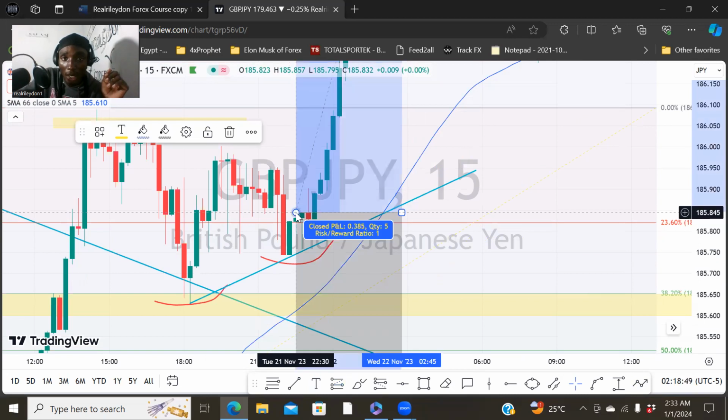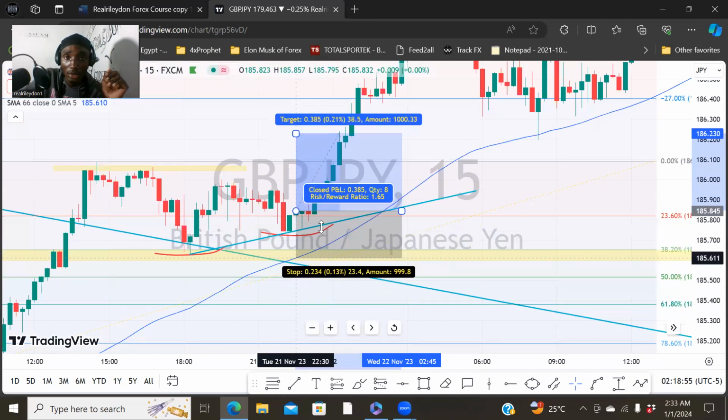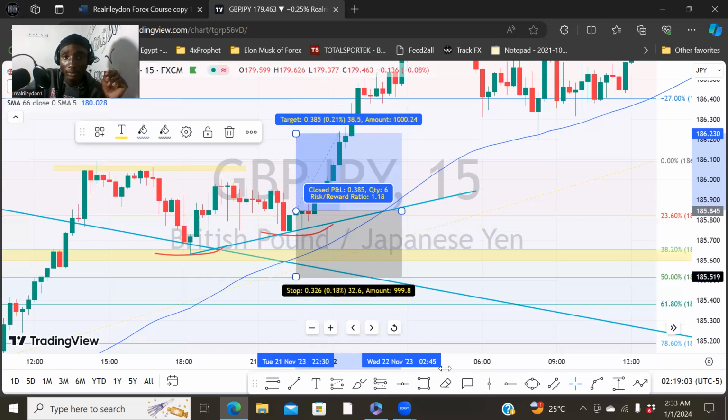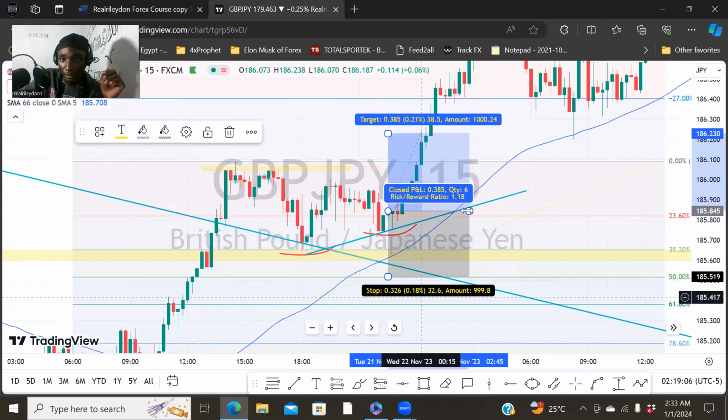Now, entry at the bullish pin bar. We place our stop loss below a low or a zone, which would be right here. The market is below a zone right here.